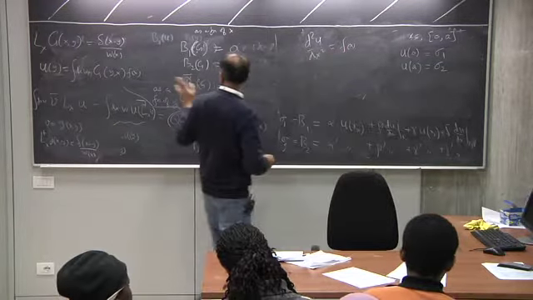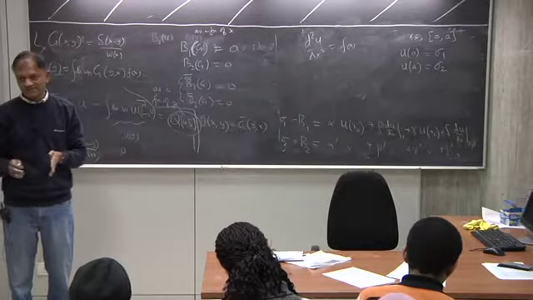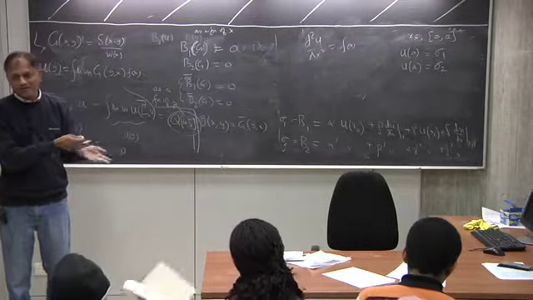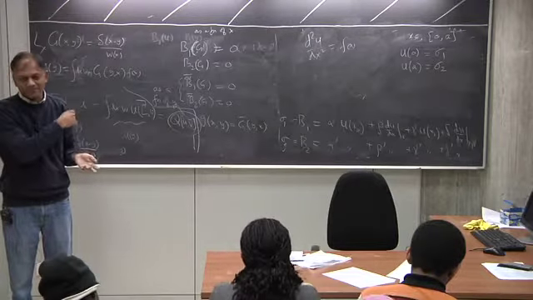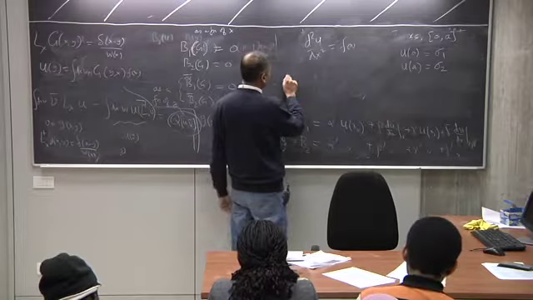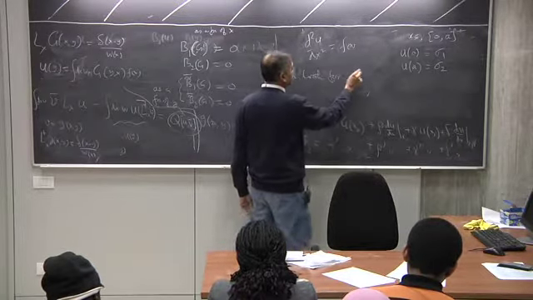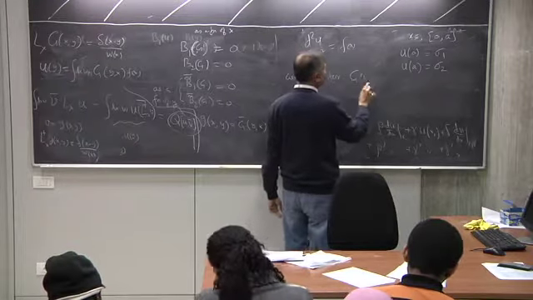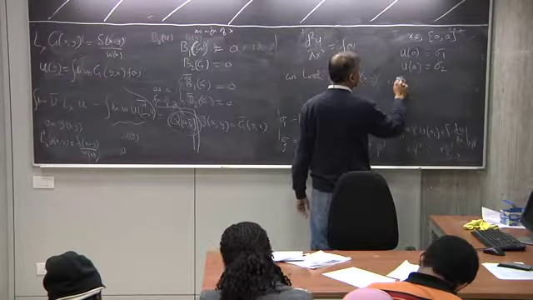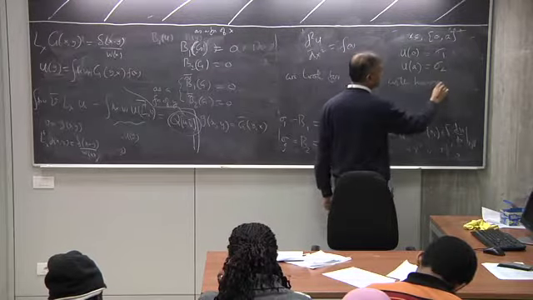As we said before, we first look for the Green's function with the homogeneous boundary condition, which we already constructed last time. So we look for the Green's function g of x, y with the homogeneous boundary conditions, which means just set sigma 1 and sigma 2 equal to 0.